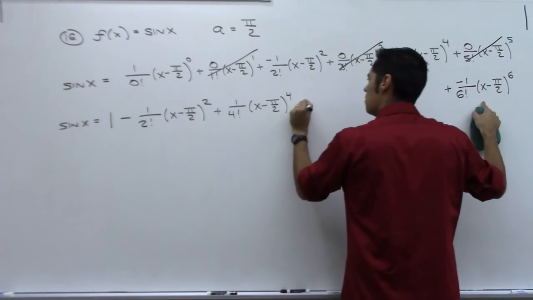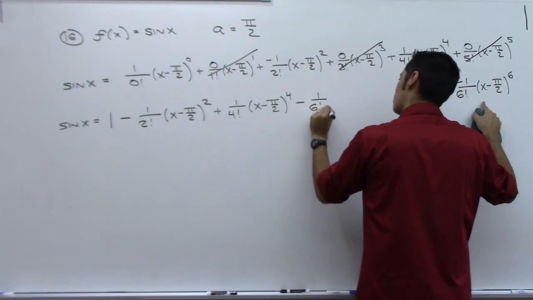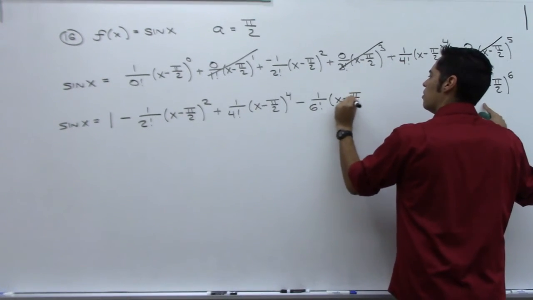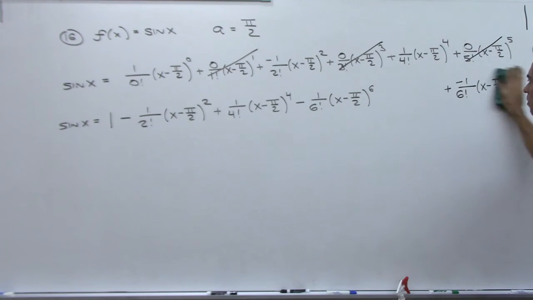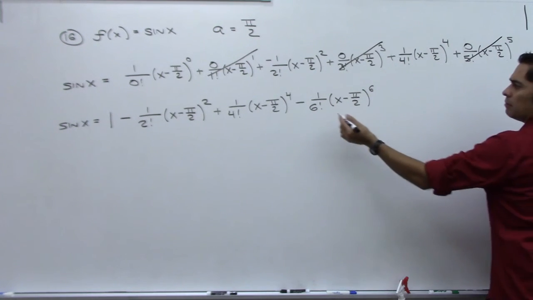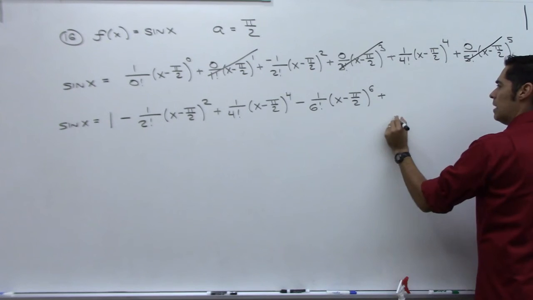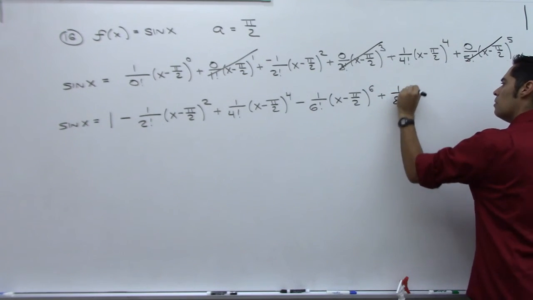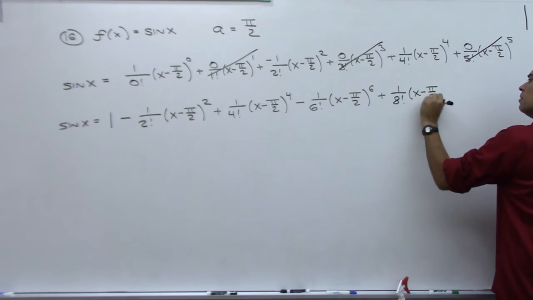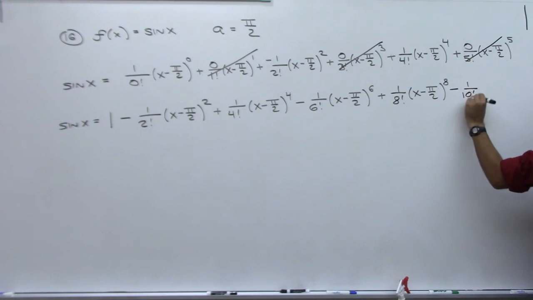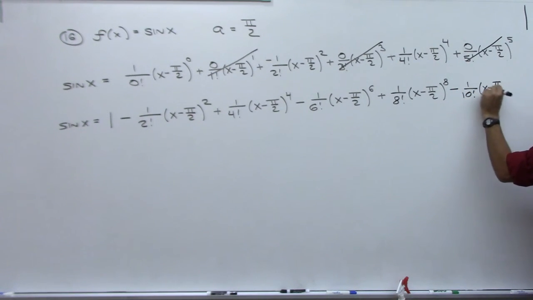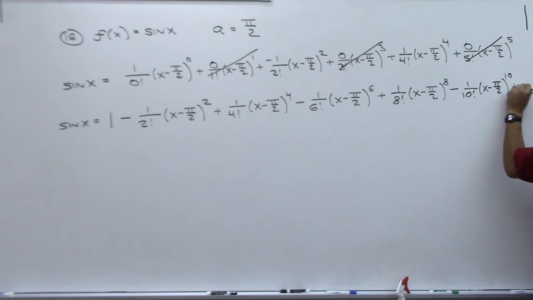The next one is minus 1 over 6 factorial, x minus pi over 2 to the sixth. Any guesses what the next one would be? Well, it's going to be plus, and it's going to be even: 1 over 8 factorial, x minus pi over 2 to the eighth. And then the next one would be minus 1 over 10 factorial, x minus pi over 2 to the 10th, and so on.